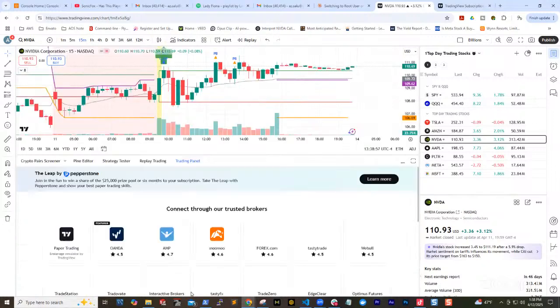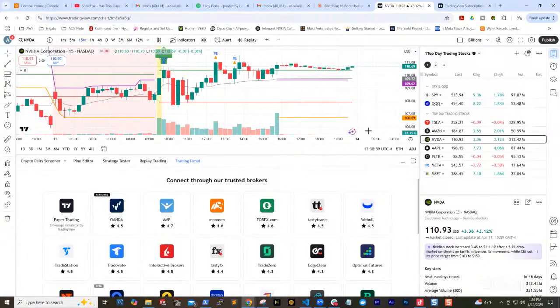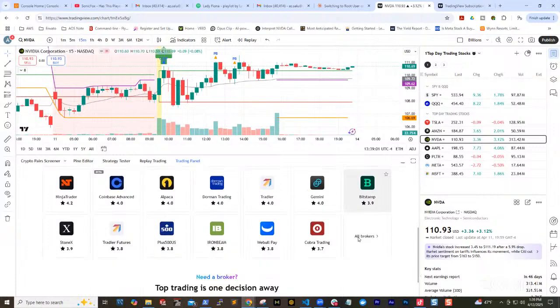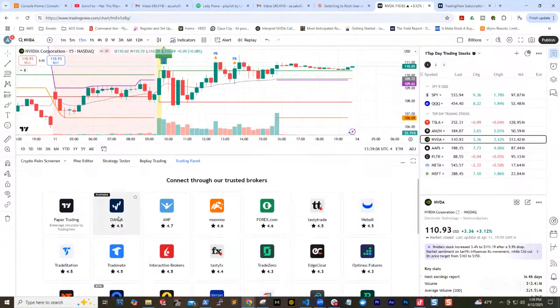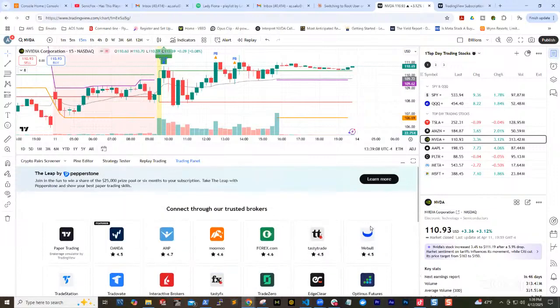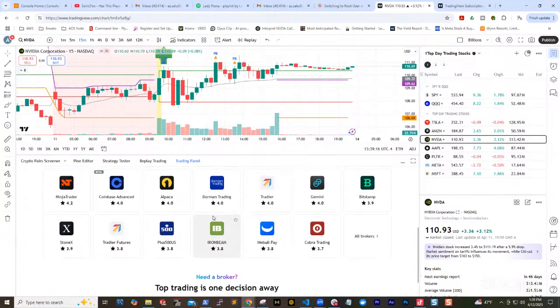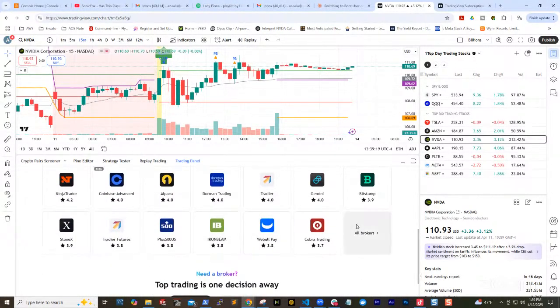If you look at this trading panel here, TradingView actually connects to any of these trading platforms. So if you have an account with any of them, you can connect it and make your trade from TradingView, and it will trade on that platform. But Robinhood is not a platform you can connect to.